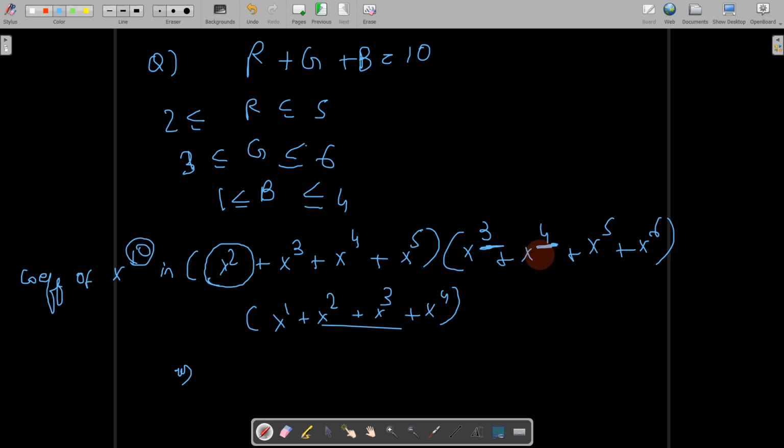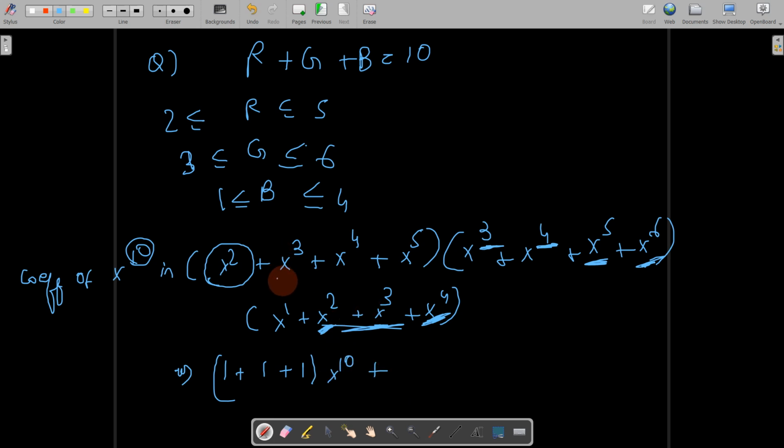If we pick x power 4 from the green balls, then 4 plus 4, we have to take 4 blue balls. So one solution is this, right? Plus, if we pick 5 green balls, then we need 3 blue balls, right? So we have another solution from here. And if we pick 6 green balls, then we have 6 plus 2, right? Which is also possible. So that is 3 solutions for x power 10 here.